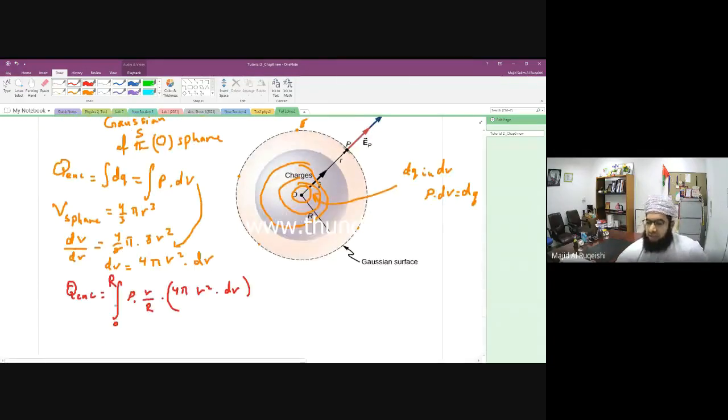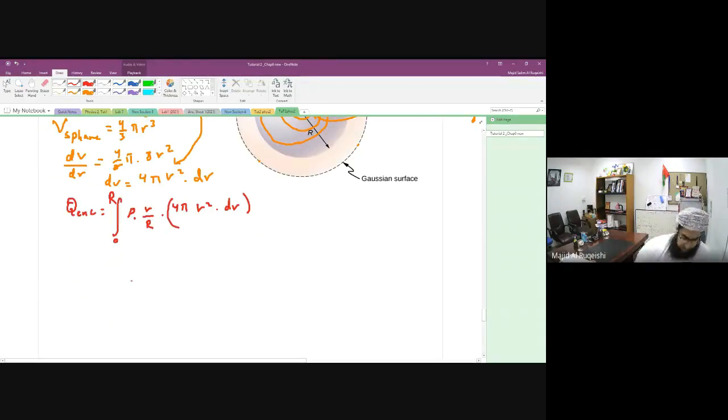Okay. So let's do the mathematical easy part, which is rho naught divided by capital R. These are constant, and then we have 4 pi outside, and then we have the integration from 0 to R. Now we know this is r times r squared, which will be r cubed.